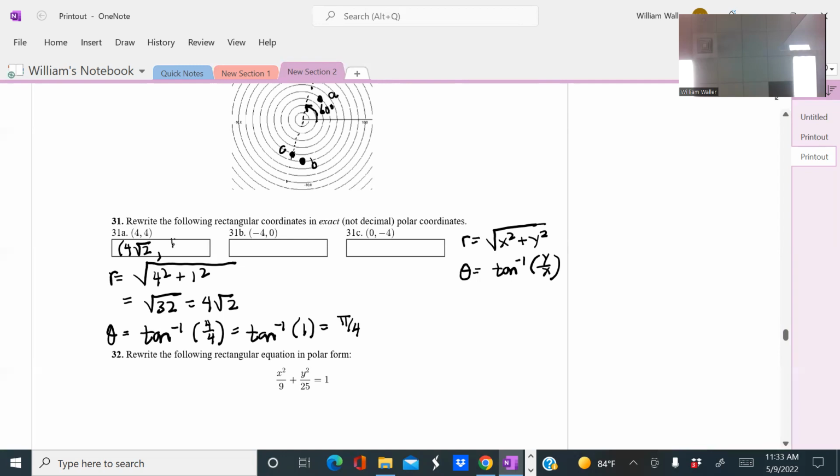You just get pi over 4 here. Of course, converting from rectangular back to polar is going to be messier because it's going to involve inverse tangent. So that's going to make it trickier.